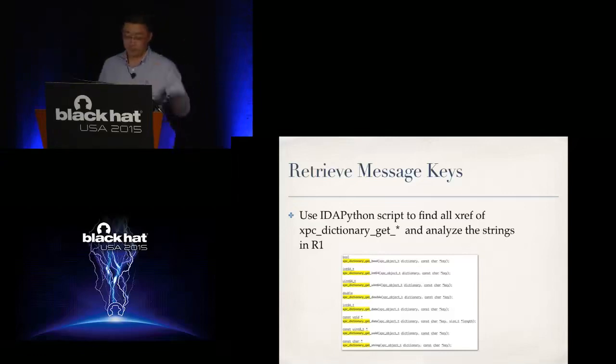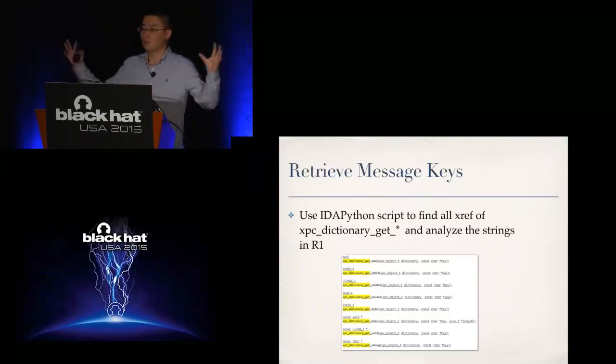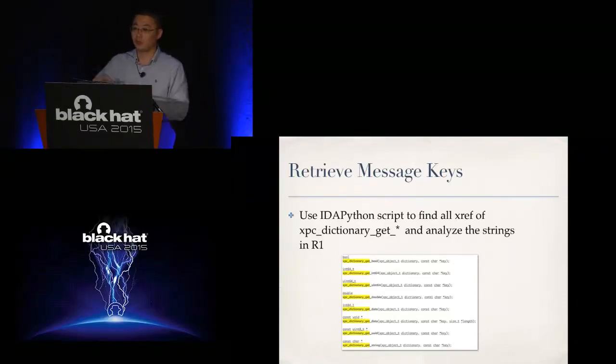So we implemented a very simple IDAPython script, which finds all the code references to such APIs, like xpc_dictionary_get, this family of APIs, and we analyze the second parameter, which is the key of the object. So we are able to retrieve all the keys that the server side would like to accept. We put them in a single, very large dictionary and send it to the server side.